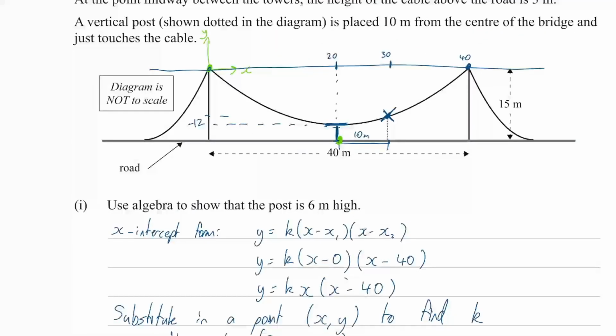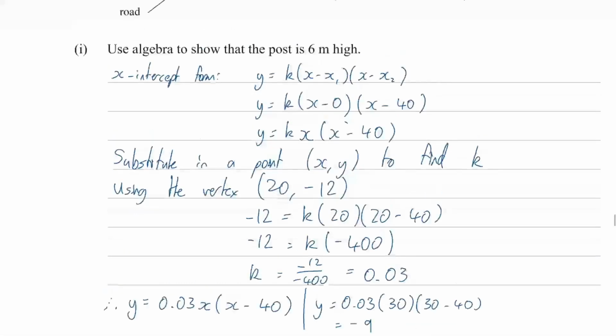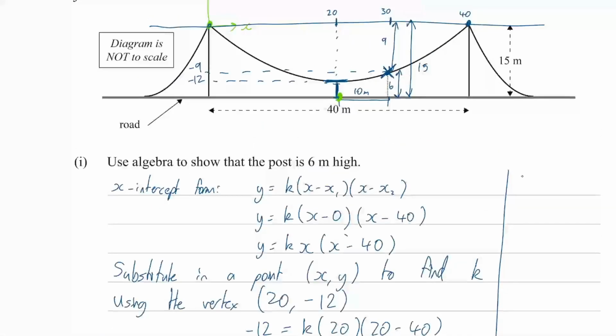So that means this bit here is minus 9. And if this goes 15 down, 15 here, and 9 here, a distance of 9, that leaves us a distance of 6 for the post. So we'd just write 15 minus 9 equals 6.